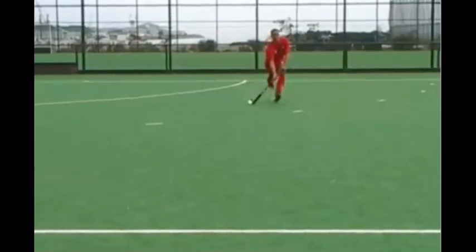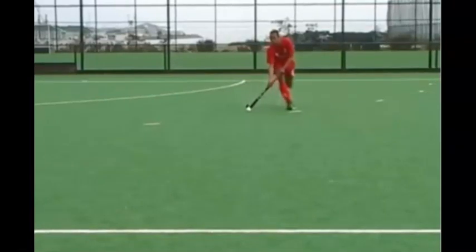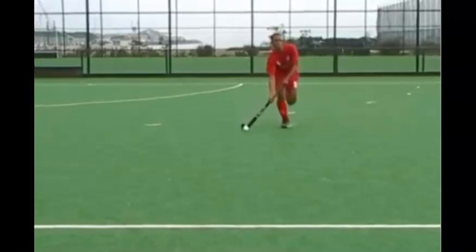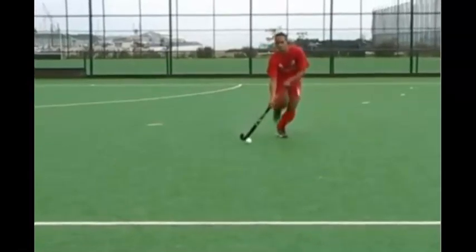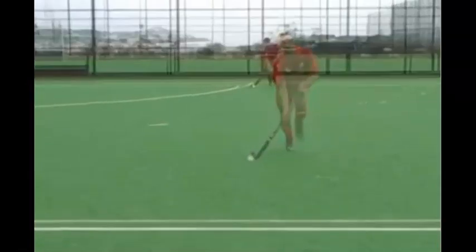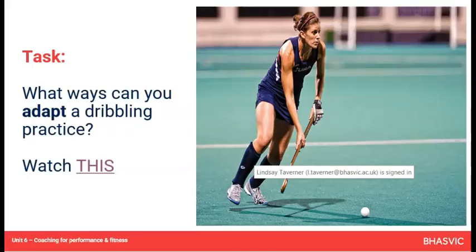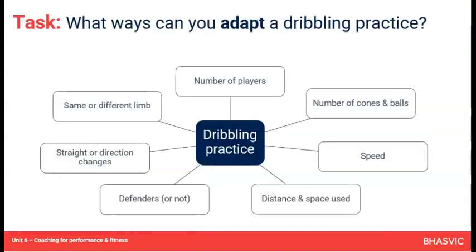So we can see this player is dribbling in slow motion at the moment, but they're essentially dribbling from the end line to the 25-yard line. So the question goes back to what changes, what adaptations can be made to that simple practice to make it easier or more challenging? Well, hopefully you would recognise that you might add cones.